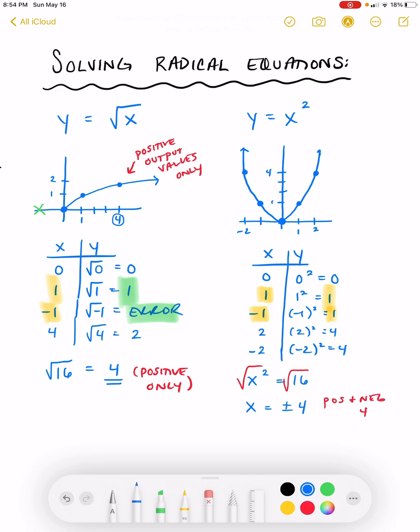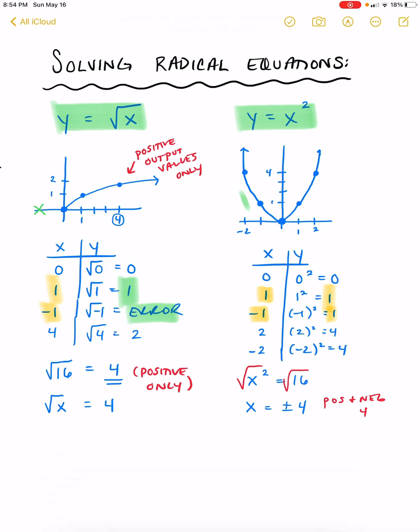So there's a difference between saying the square root of x is equal to 4 and saying x squared is equal to 16. Maybe this will help when we solve our equations, as to why I sometimes use a plus or minus and sometimes I don't. It all depends on whether I'm solving a radical equation, which only has positive outputs, or a quadratic equation, which can have that plus or minus.